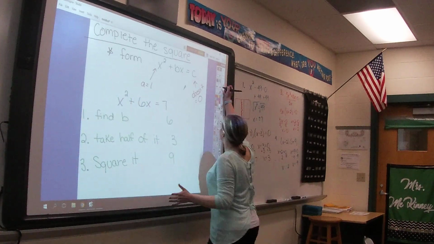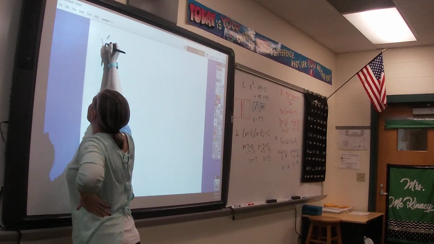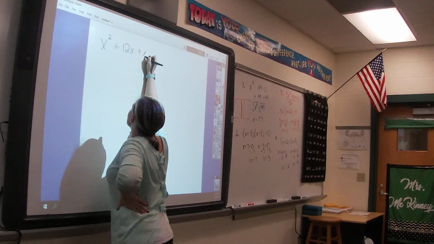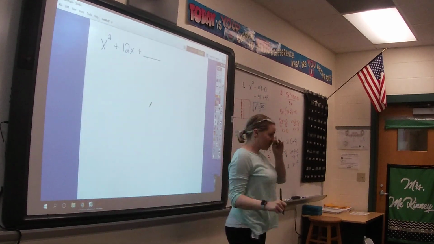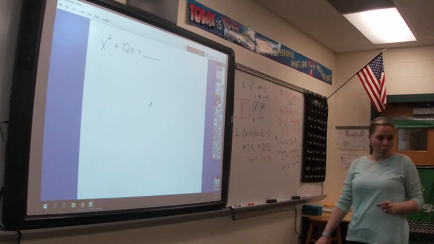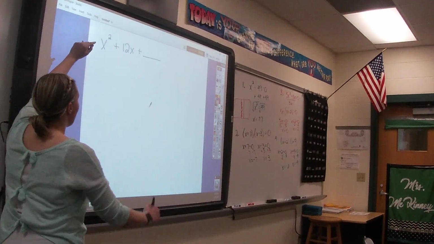Okay, so we're going to look at a couple pieces here, interjecting in between the steps. Let's say I had x squared plus 12x plus blank, and I want to turn this into a perfect square trinomial. What does b equal? 12.